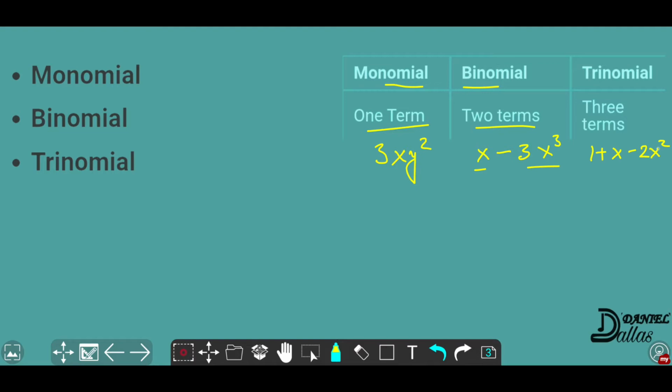So in this case, as you can see, depending on how many terms you have, that defines the specific name. Up to 3 terms you can see that. But if your polynomial has more than 3 terms, you just have a general name, polynomial. Okay, so that's where it comes from.